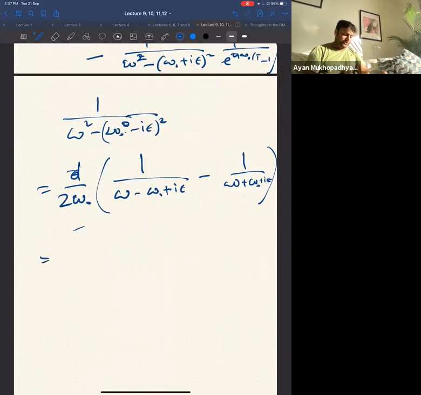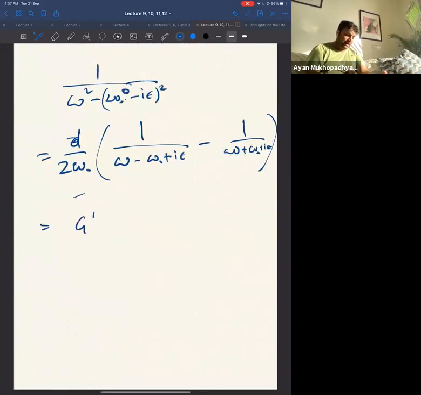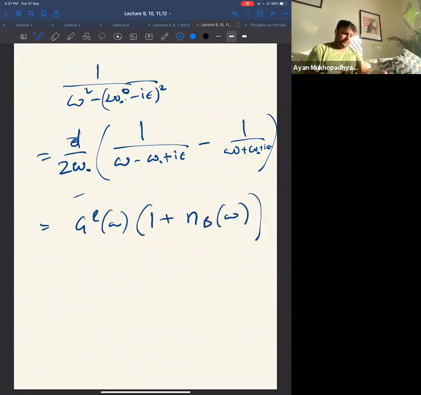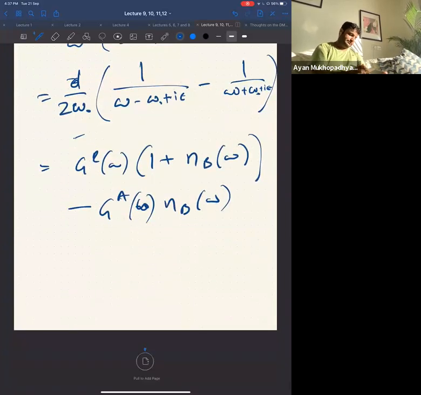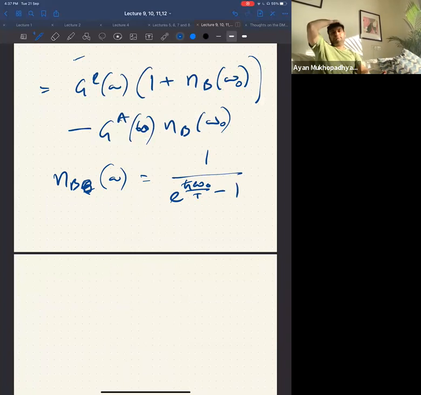Then I said that this is equal to G^R(omega) times 1 plus n_B(omega), and G^A(omega) n_B(omega), where n_B(omega) is simply the Bose-Einstein distribution, which you can write as 1 over e to the power h bar omega by 2 minus 1.